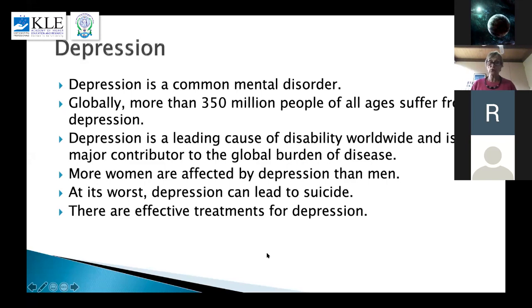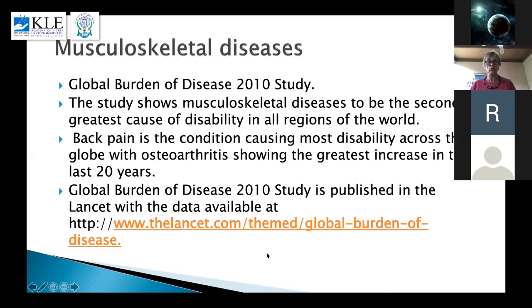And it's a big burden of disease because people are losing jobs, they're losing incomes, etc. Interestingly enough, the statistics say that women are affected by depression more than men. However, when we look at the worst depression and suicide, the statistics are high around men committing suicide. And again, we know there are effective treatments for depression. So these non-communicable diseases have got interventions, but we have to look at them.